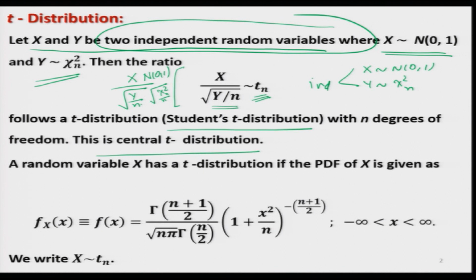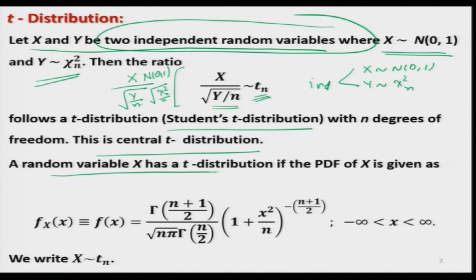Now let me give you the probability density function of this t. Just like in the last lecture, the form of the distribution may look complicated, but we are not going to use the form anywhere. We are simply going to use the information that this is a t distribution and what its degrees of freedom are.